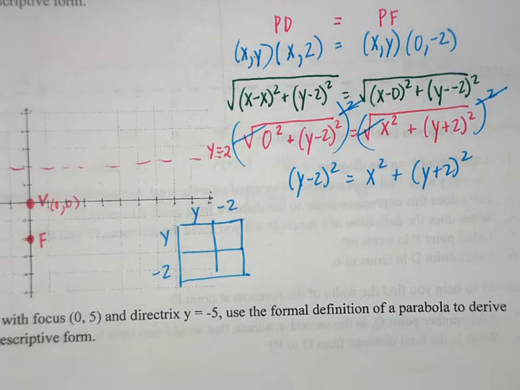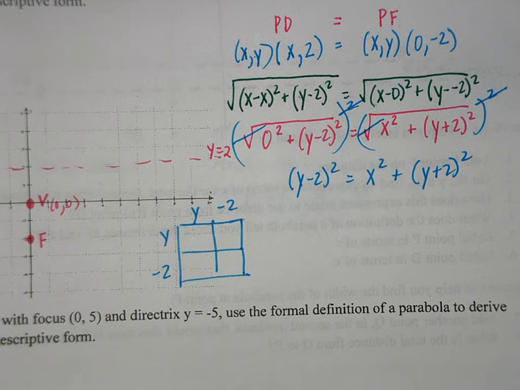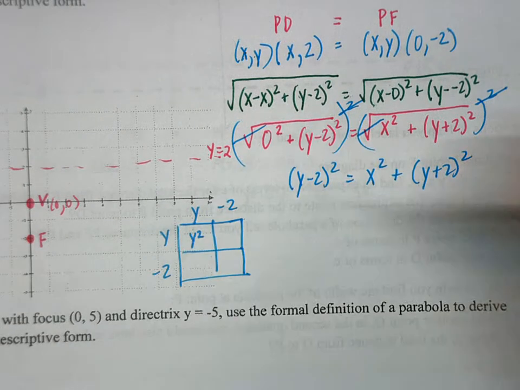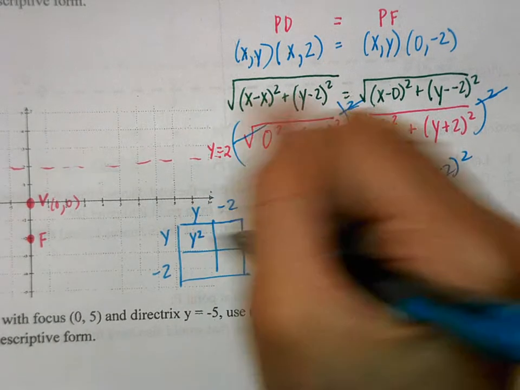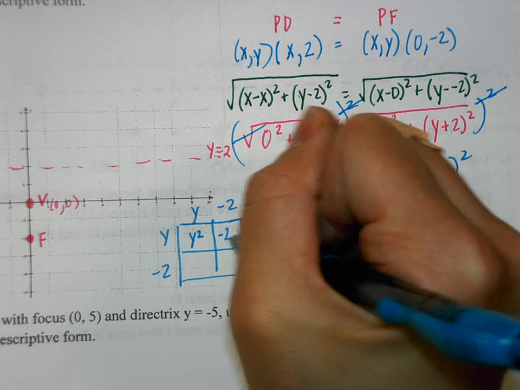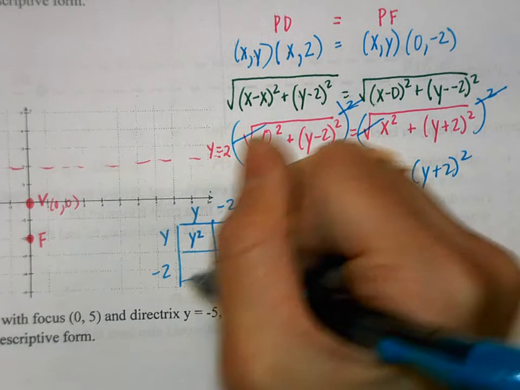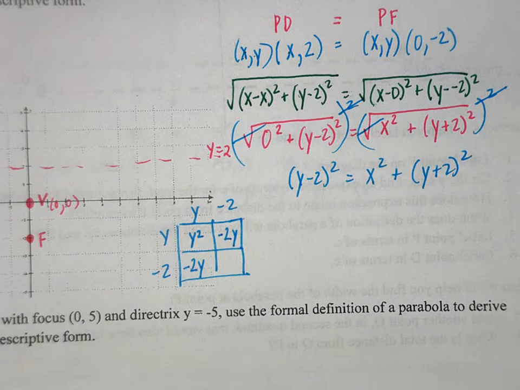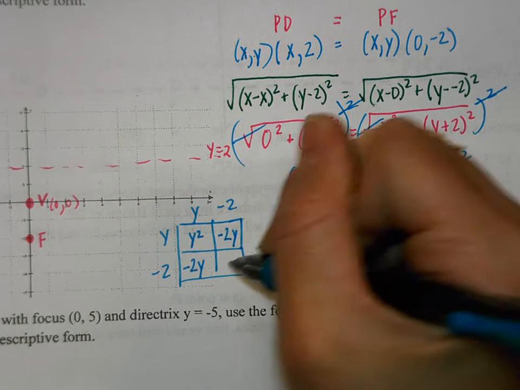And I'm hoping at some point you guys might be able to do some of this multiplication in your head, but if you can't, always use your Punnett square. When you multiply this, y times y makes y squared. Y times negative 2, negative 2y. Negative 2 times y is negative 2y, and negative 2 times negative 2 is positive 4.